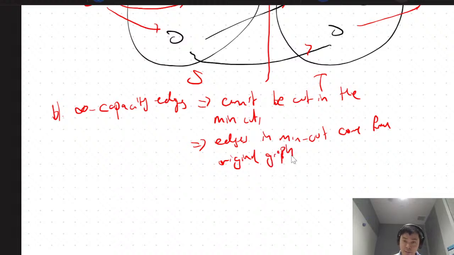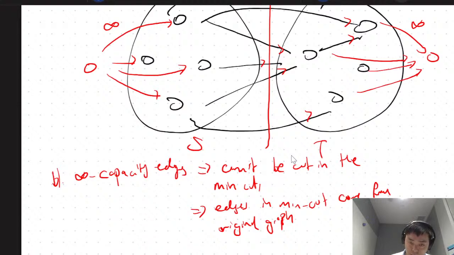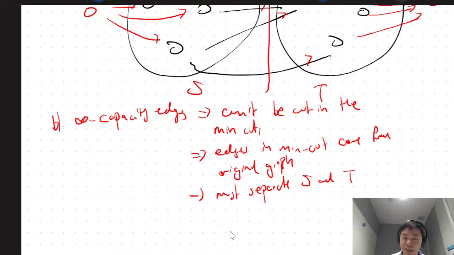And then the last thing is to realize that when we construct our min cut, it has to separate S from T. And so the same min cut can be used to solve the original problem here.